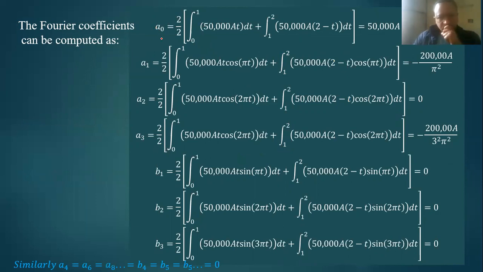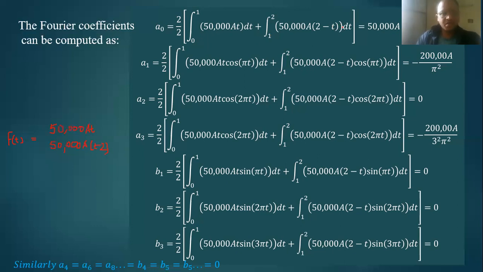So A0 is equal to 2 over 2, as a whole in brackets, the integral from 0 to 1 of the first term of the given function, meaning our function f of t is 50,000 A t for 0 to 1, and 50,000 A times (t minus 2) for 1 to 2.